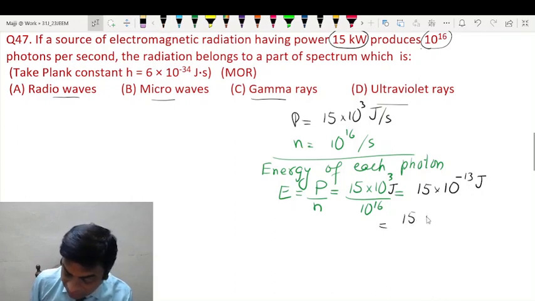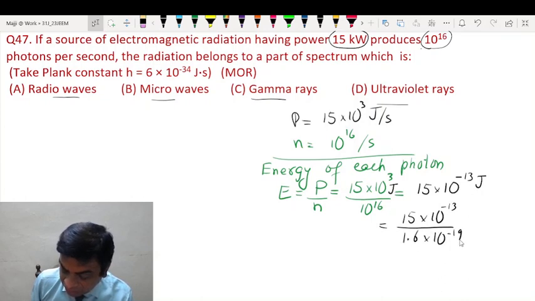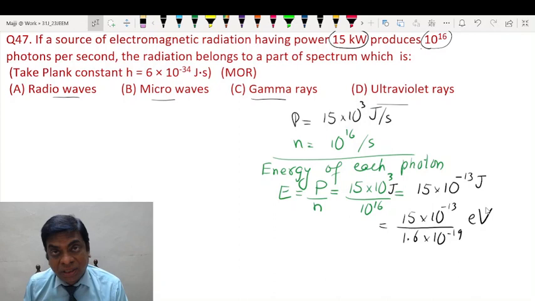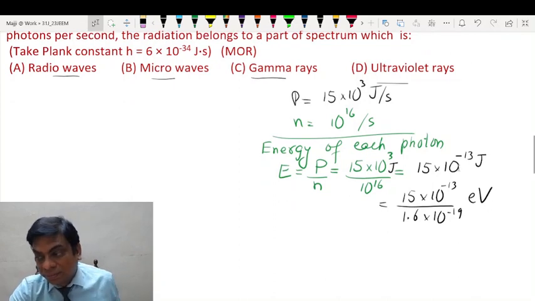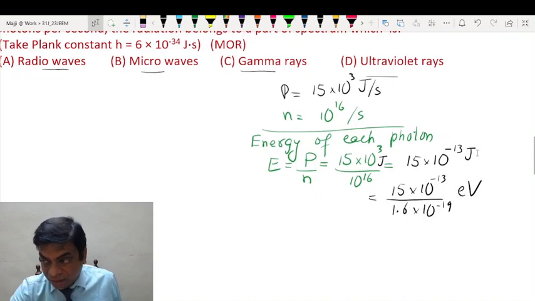So this will be 15 into 10 to the power minus 13 upon 1.6 into 10 to the power minus 19. So when you divide energy in joule by electronic charge, it gives you energy in electron volt.